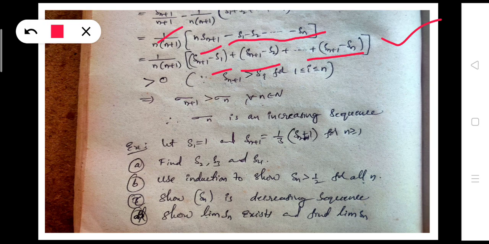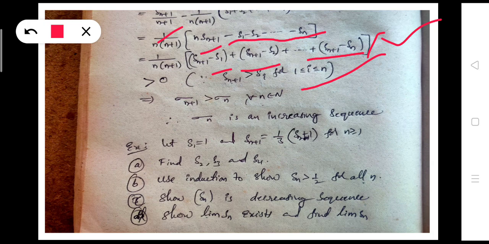Now Sn plus 1 is greater than Si: for i equal to 1, Sn plus 1 is greater than S1; for i equal to 2, Sn plus 1 is greater than S2; and so on, for i equal to n, Sn plus 1 is greater than Sn, since Sn is an increasing sequence. So the total is greater than 0.